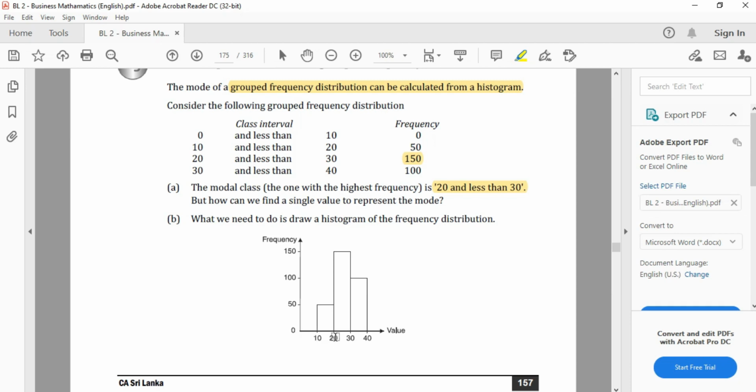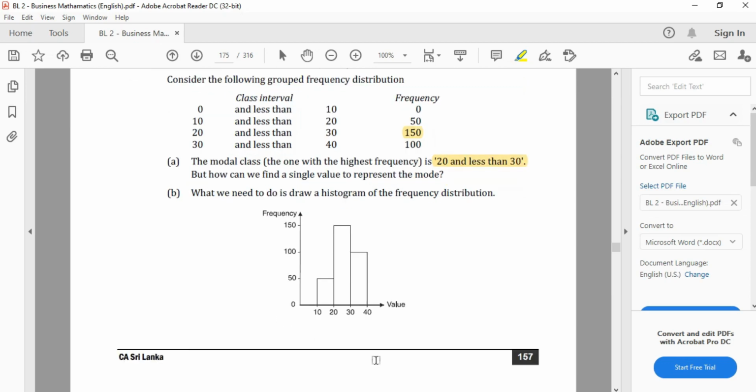But 10 to 20 there's 50 units, which is marked as the upper limit of 50. 20 to 30 the upper limit is 150. So this is basically presented in a simple bar chart format, but since it's continuous, the bars don't have gaps.